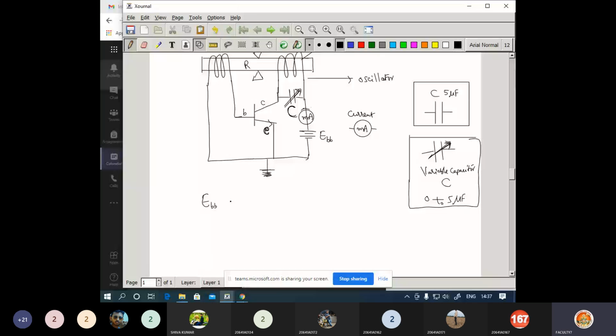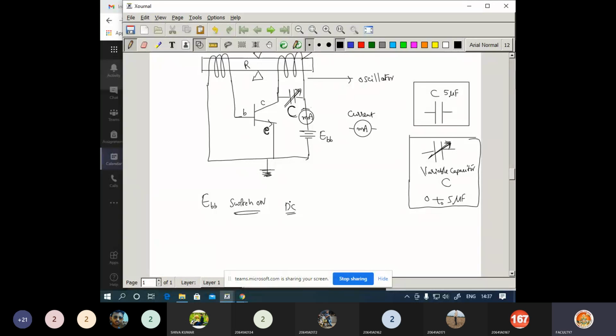Now first of all, you need to switch on this particular EBB. This is a DC source here. Now as this is an oscillator, the current will flow through the coil, and this particular oscillator is going to create an alternating current.